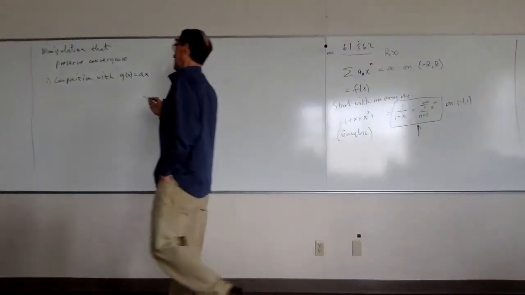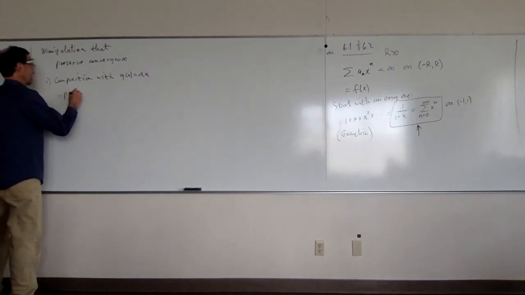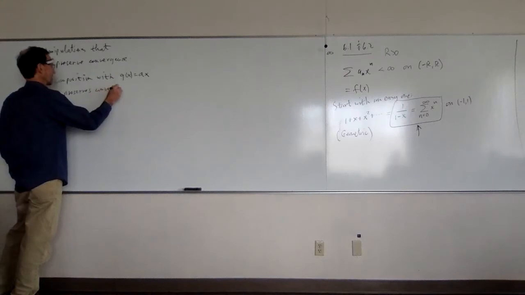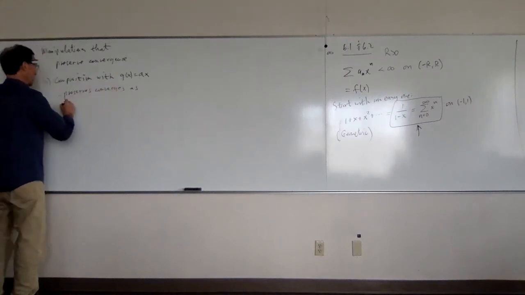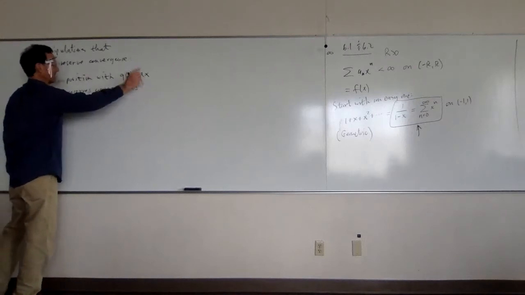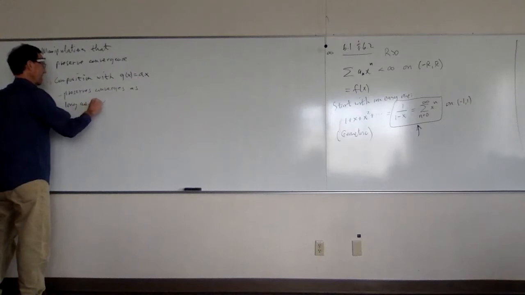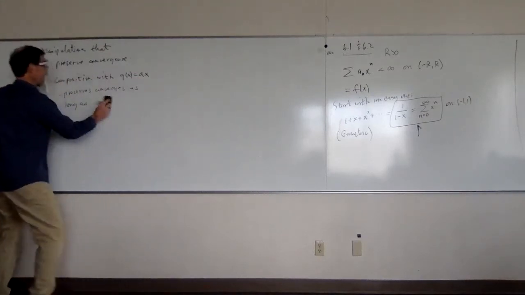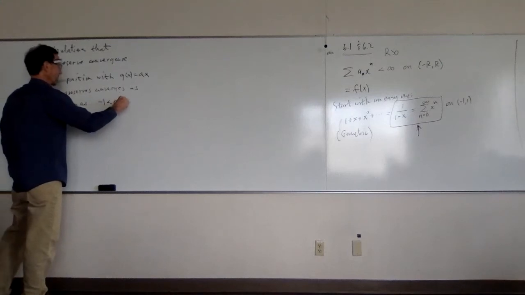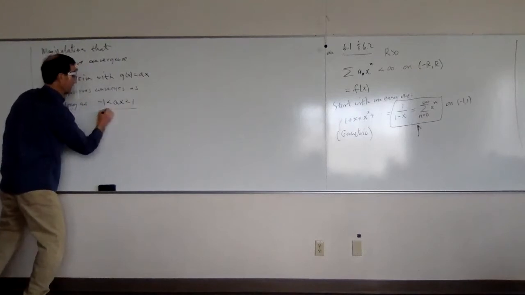So it preserves convergence as long as the thing I'm composing f with, as long as ax, let me say this, the thing that I plug into that function, it has to be between -1 and 1.